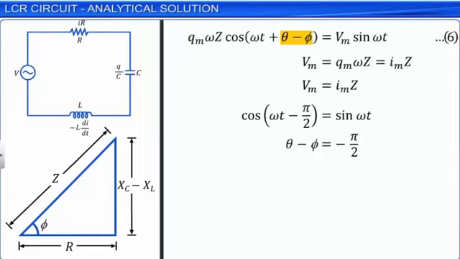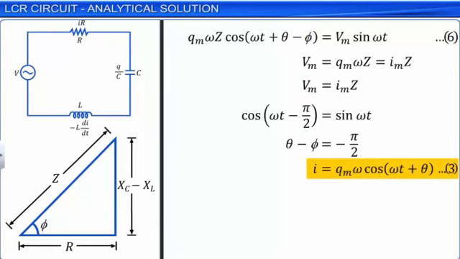Since Im is equal to Qm omega, we get i equal to Im cos(omega t plus theta). Since theta minus phi equals minus pi by 2, we have theta equal to phi minus pi by 2.